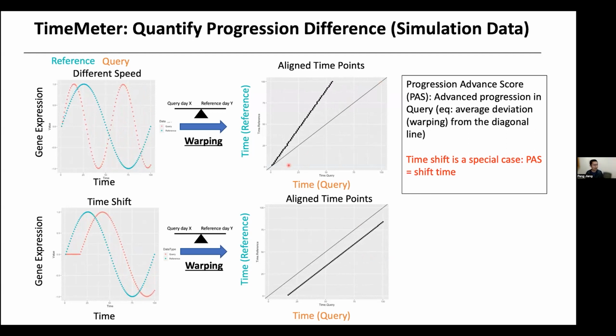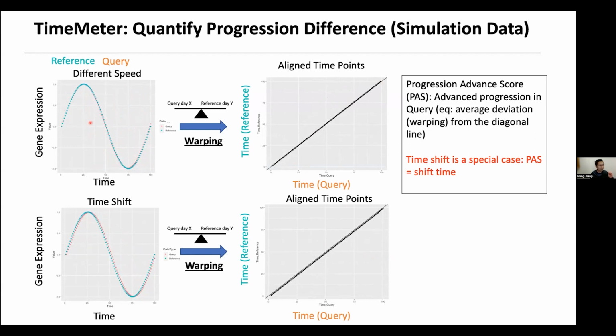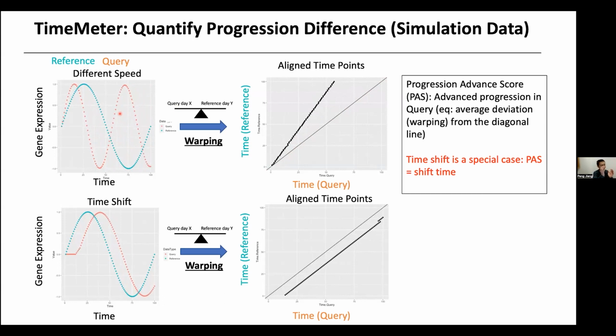So intuitively, if the two time course data are the same, the time points should follow the diagonal line. So the more deviation from the line indicates there are a lot of differences. If you see this case, the orange line, the speed is always changing, and they are shifting to high speed.